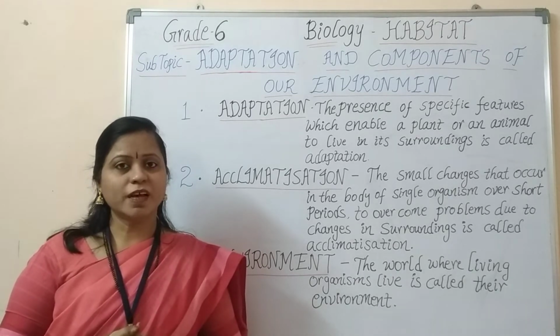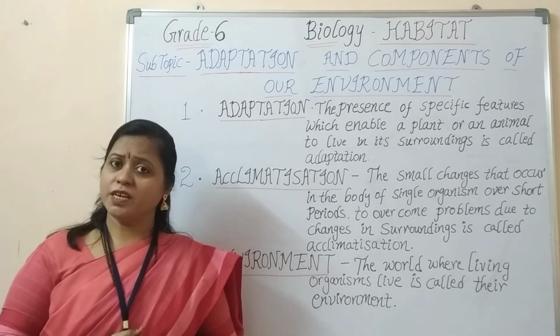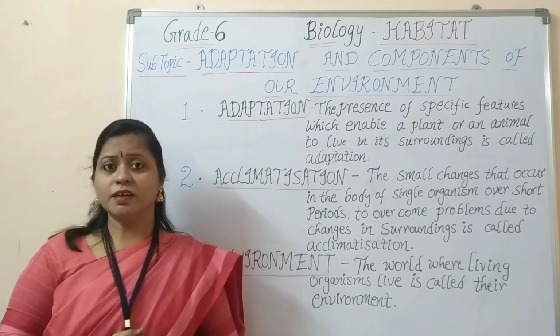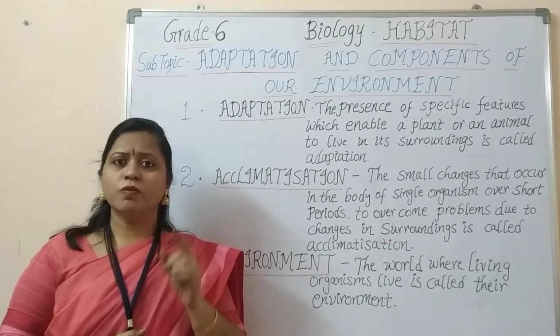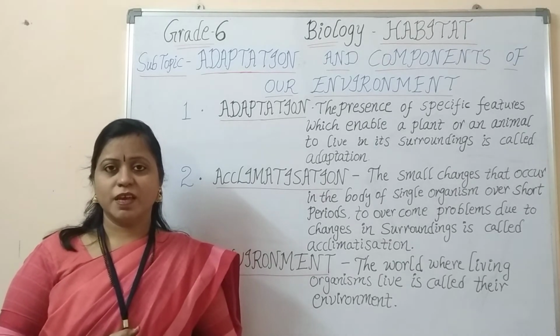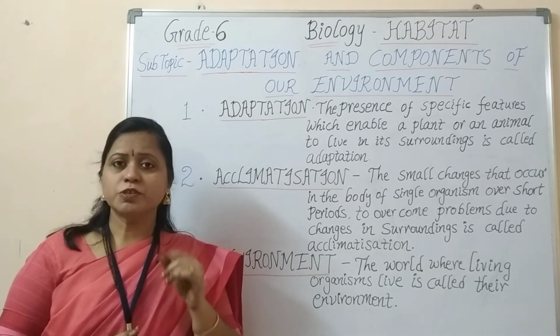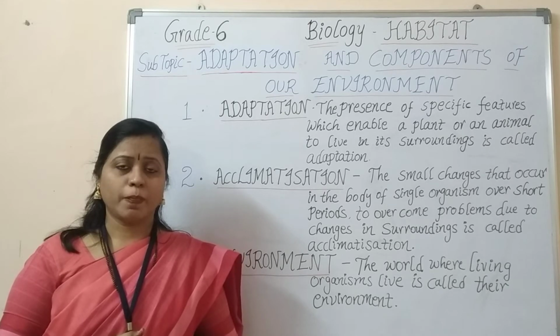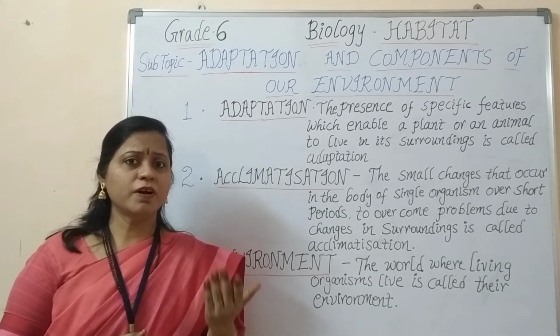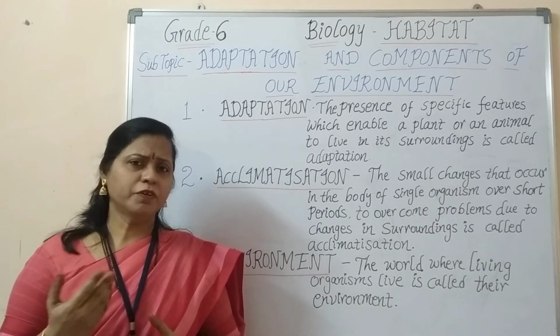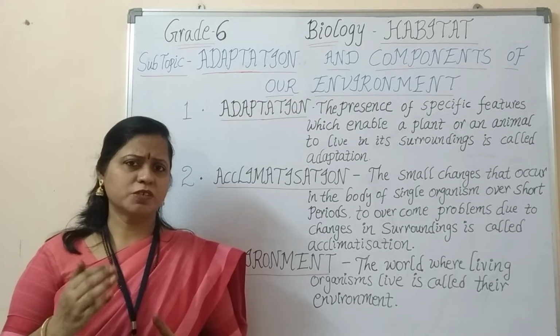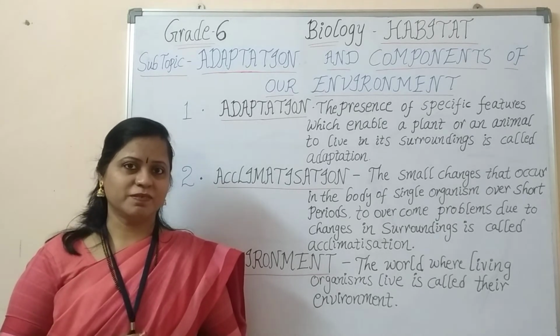Children, do you know that there are some changes which occur in organisms over short periods? Suppose a person living in the plains goes to high mountains, he starts breathing fast, but after a few days he adjusts to the changed situation.